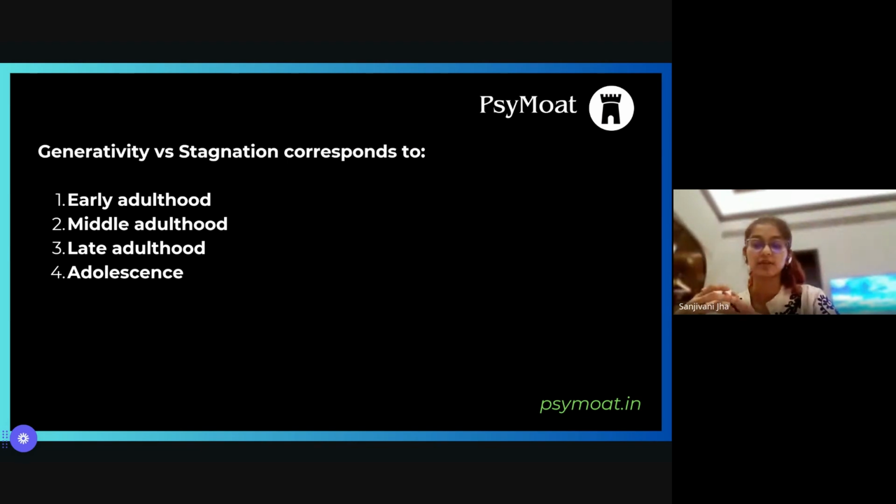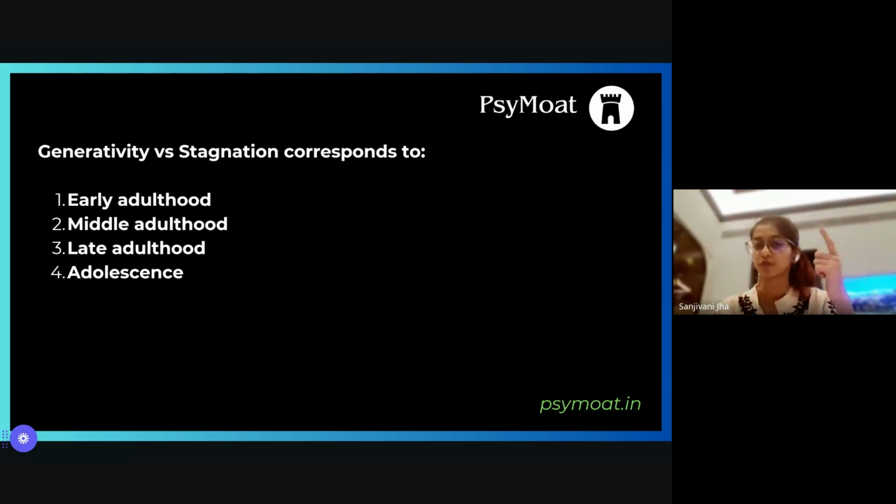So integrity versus despair is what late adulthood looks at, and all of these categories borrow something from the previous category. That is how you can try to remember it, in the form of a narrative of what it borrows from the previous, so that you do not confuse the categories.